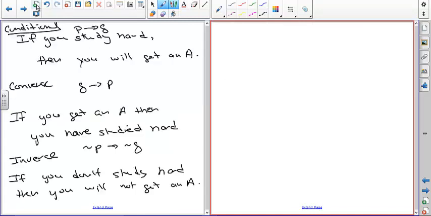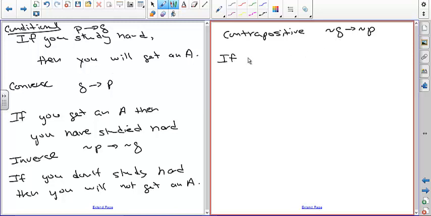And then the final one is the contrapositive. There you're switching them and making them negations. So again, you can go back to your original conditional statement. This is the P part. This is the Q part. So we're going to do the Q part first.